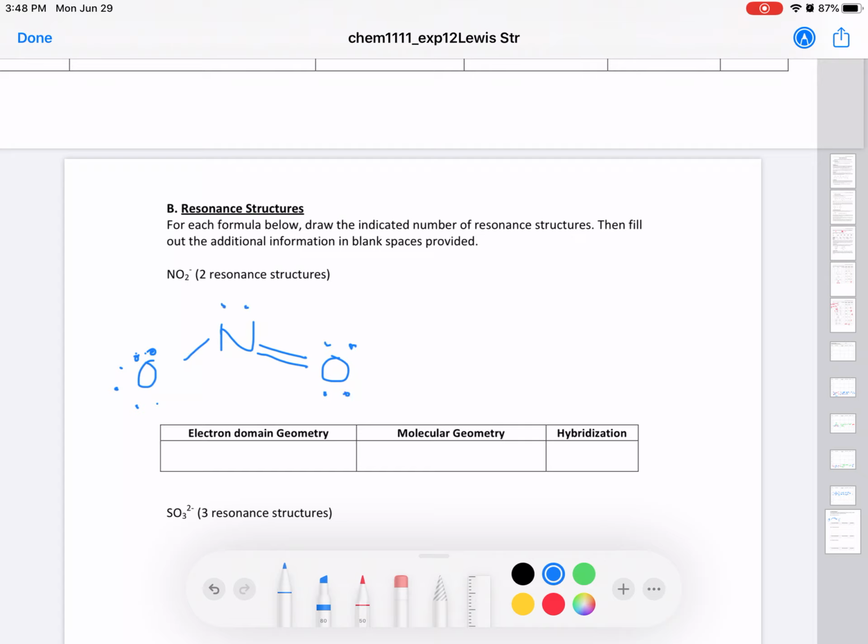So this is the Lewis structure for NO2 minus. And then if you want to draw another resonance structure, to indicate resonance, you use this arrow.